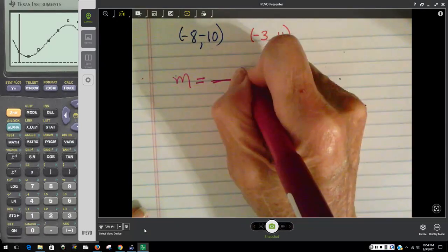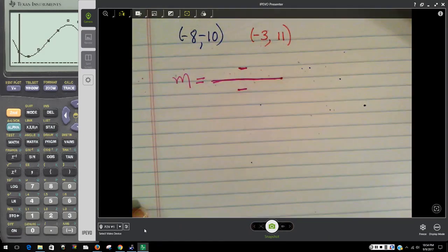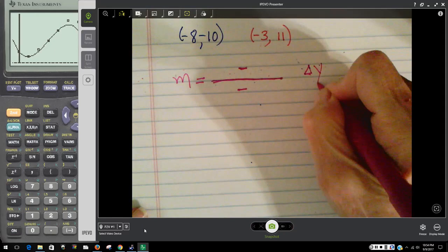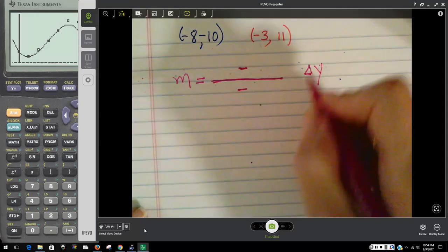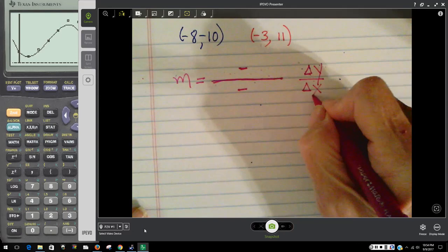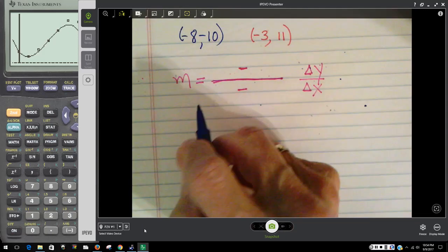It's a difference quotient because we're looking for differences in the numerator and denominator. The difference in the numerator is always the difference in your y values. The difference in your denominator is always the difference in the x values. So the key here is to be sure that you keep your points together, but the x's have to go on the bottom and the y has to go on top.